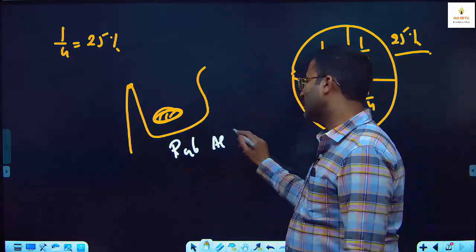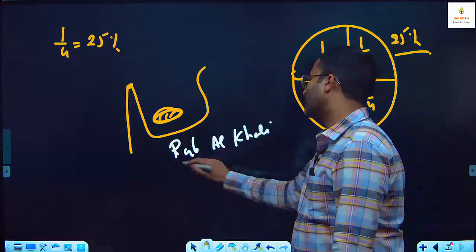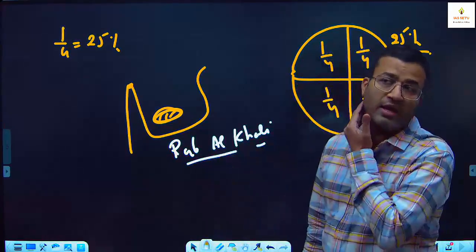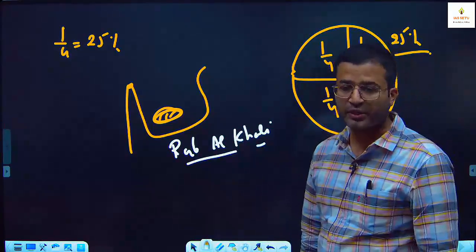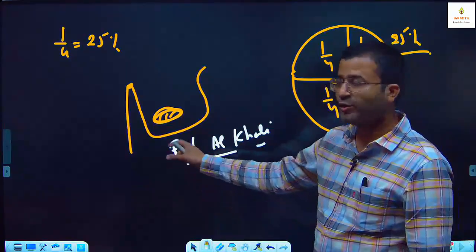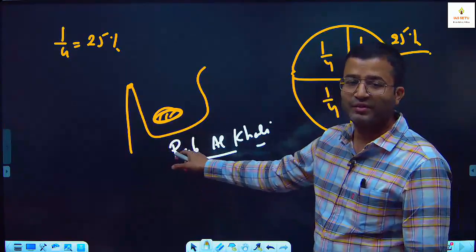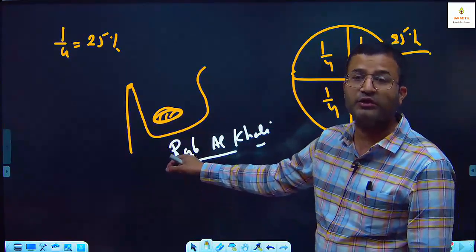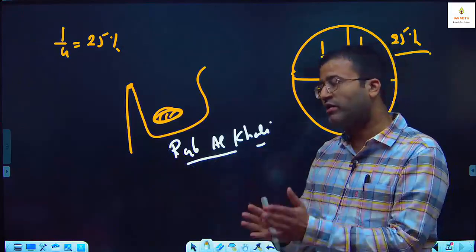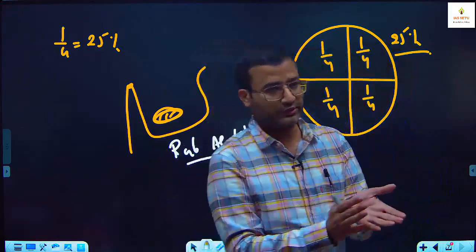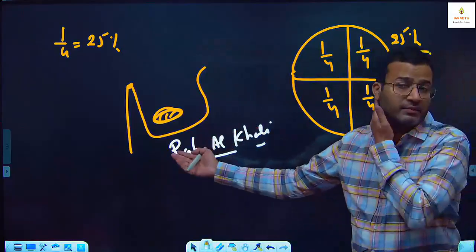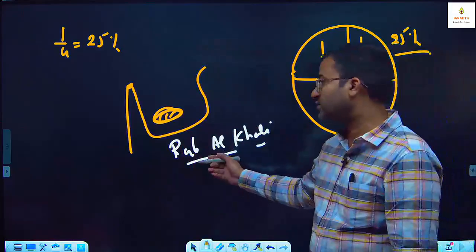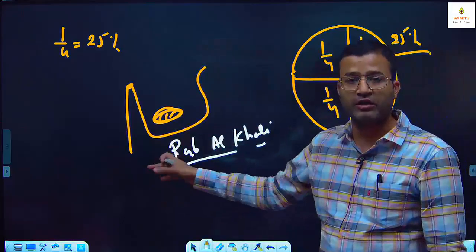This is the local name Rub al Khali, and the meaning of this is empty quarter. It doesn't mean यहाँ लोग quarter खाली करते हैं. What is the meaning of that quarter? Have you heard of government quarter? So quarter is a word for space also. So this is an empty space. There is no one living in this area because of desert. So that's why this is a place which is empty quarter, empty space.